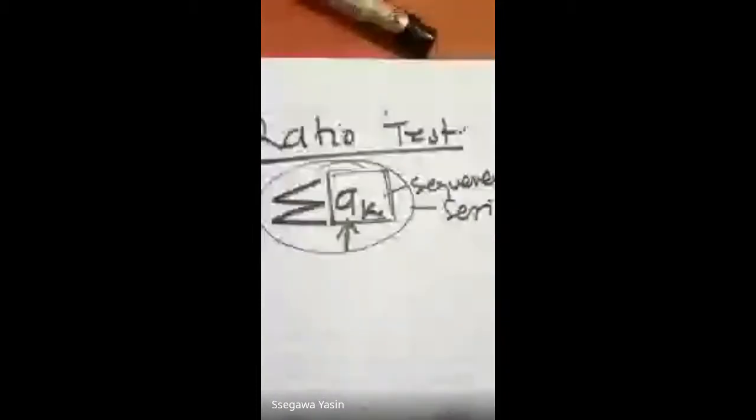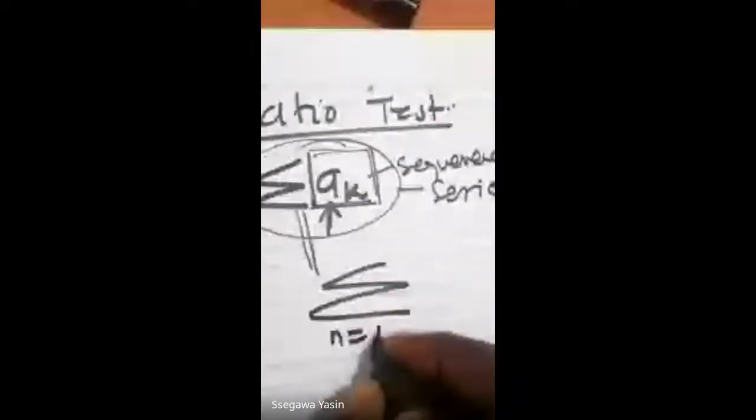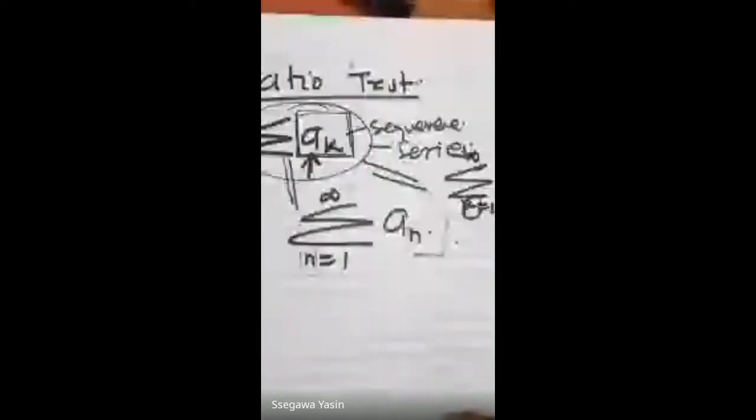When I say a series, I mean the whole thing. This is the same as writing the sum from n equal to 1 to infinity of a_n, and what is here should tally with what is there. In this case it is k, so you move with k: the sum from k equal to 1 to infinity of a_k.